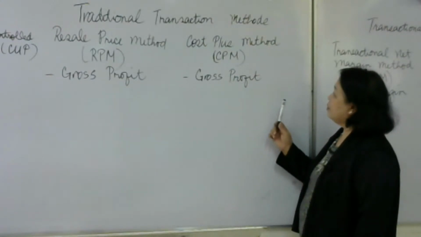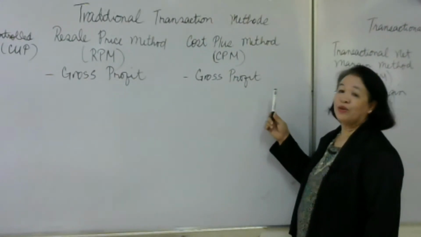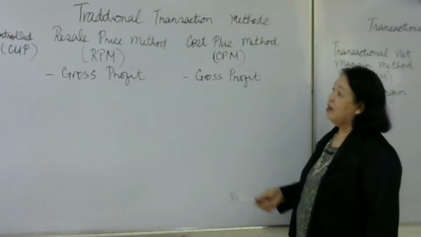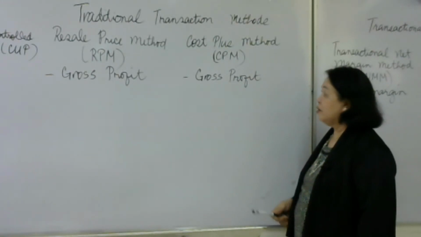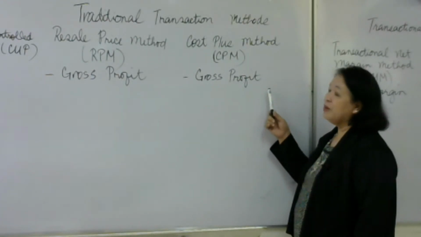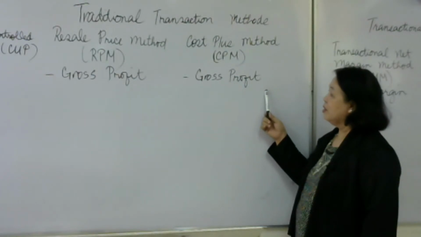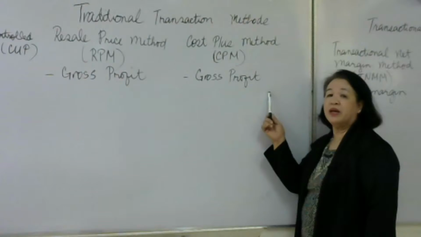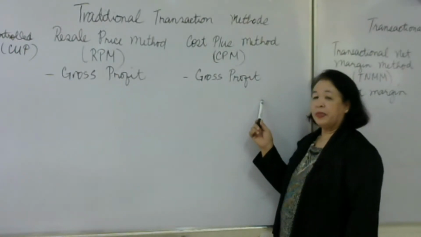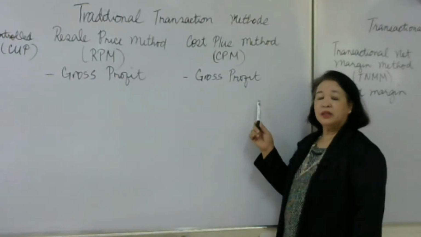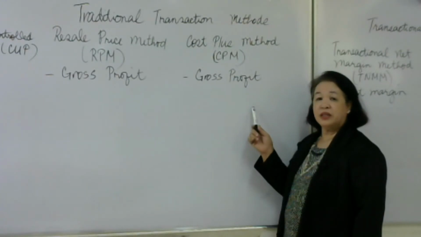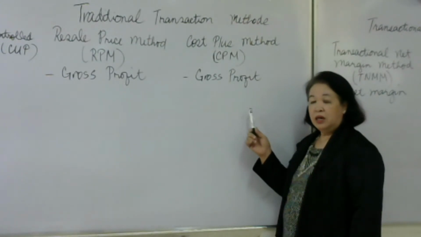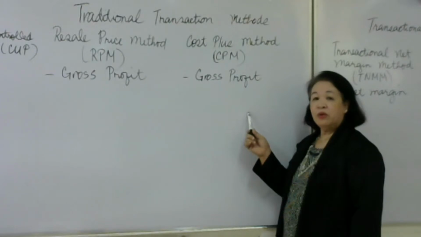And then sa cost plus method, you compare the gross profit also just like the resale price method, no? Kasi bakit? Kasi mag-mark up ka dito sa cost. So ano yung gross profit mo and how is the gross profit being affected? 'Di ba sa accounting natin, because yung mga valuation po natin, recognition ng account, we also follow, no?